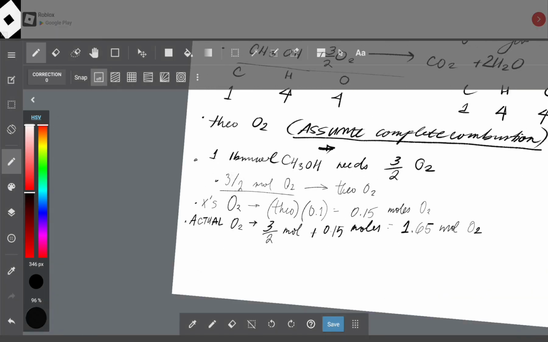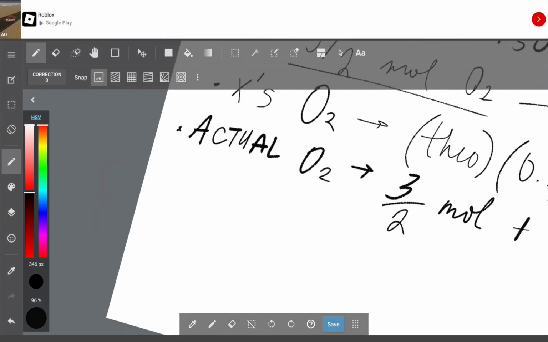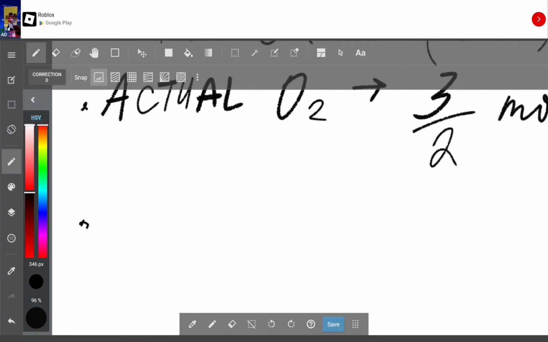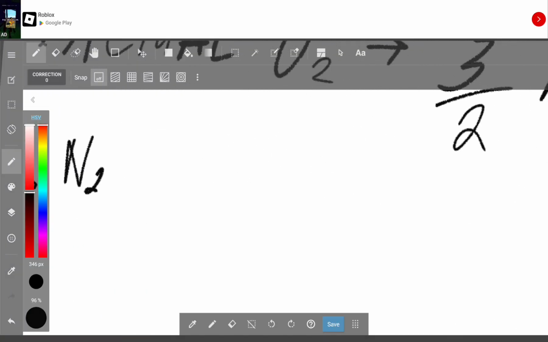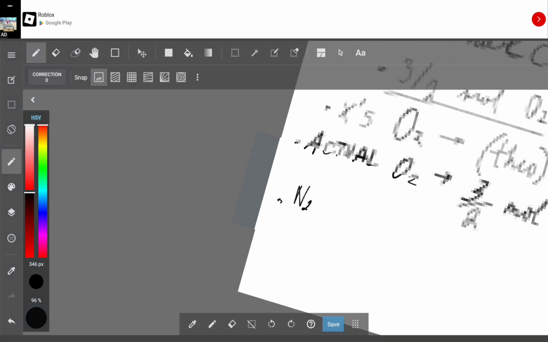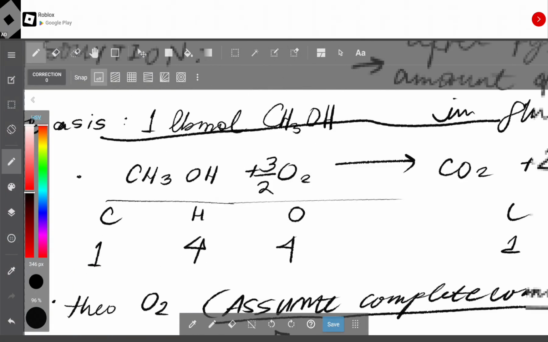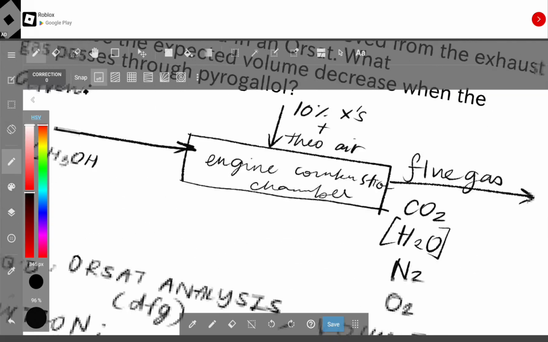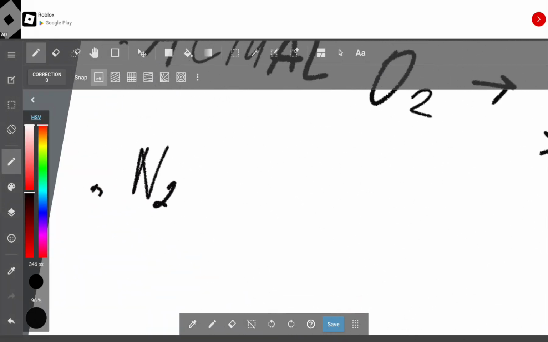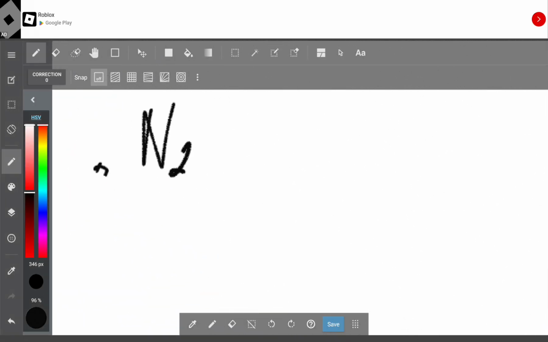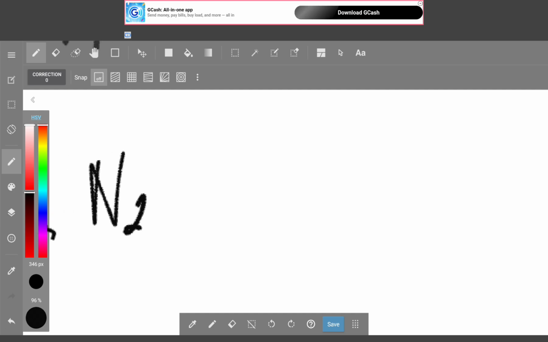So now we have our actual O2. We can also calculate for the N2, or the nitrogen gas that is in the dry flue gas, because all of the nitrogen just comes from the dry air that is fed, right? It all just comes from here, from the air. So it's not going to change since it didn't react with anything. N2 that goes in is the N2 that goes out.